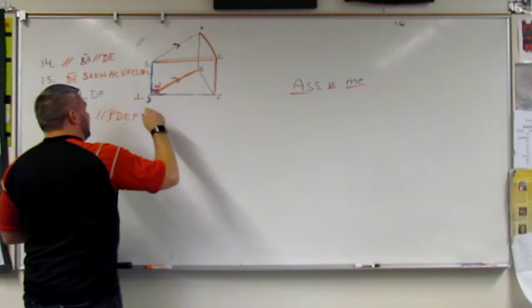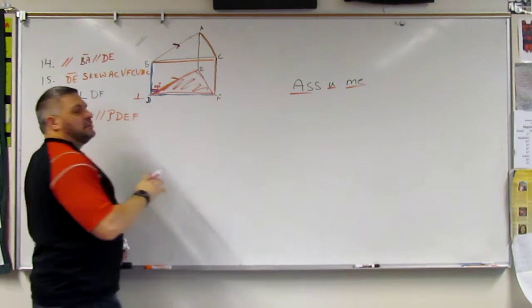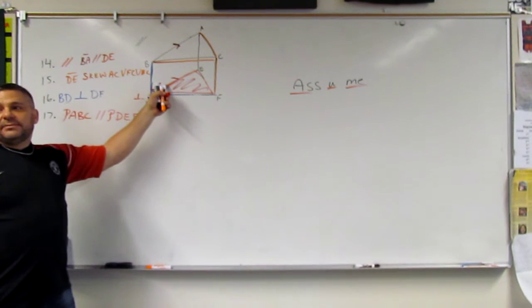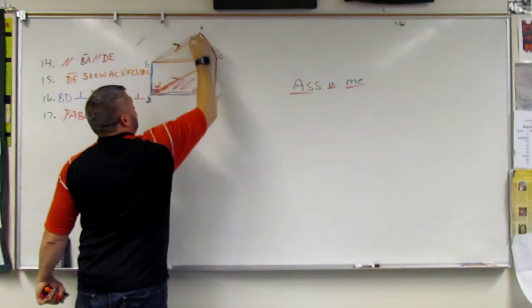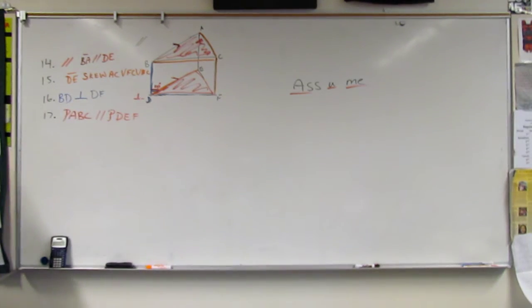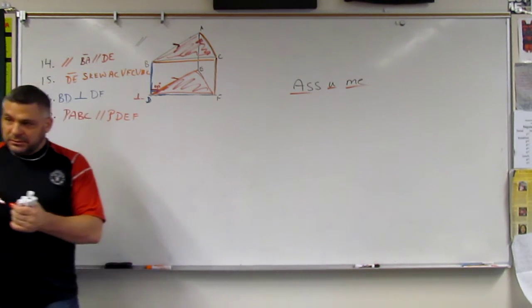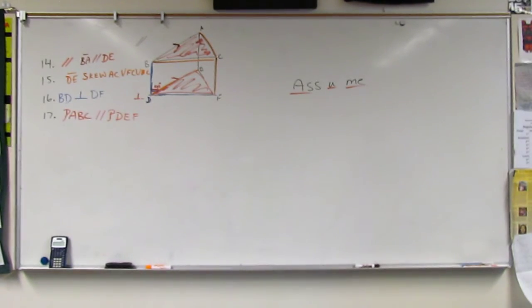So what we're saying is this plane, because of this line being parallel, is parallel to this plane. Does that make sense? Do you see that? Do you see that? Jonathan? Do you see that? Kiana? Okay? Alright, that's the first 4 problems of your homework.